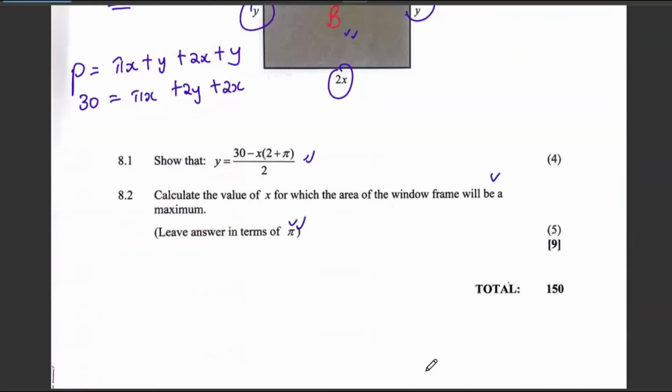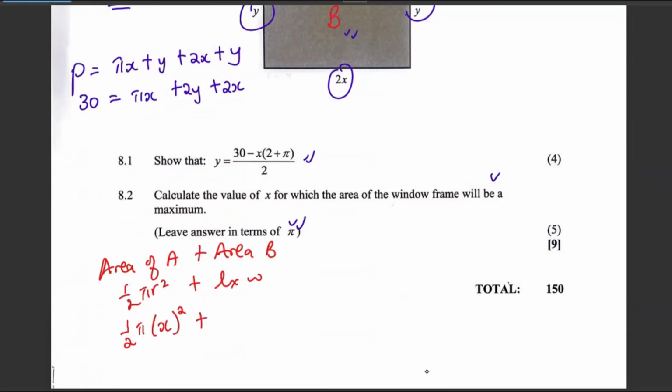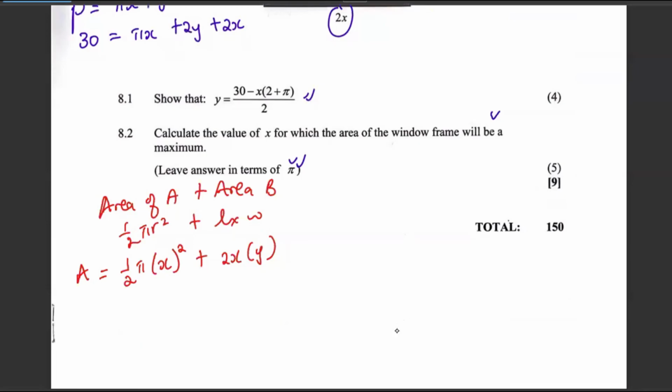So for me to get the area of A, which is a semicircle, plus the area of B, which is a rectangle, that's going to be a half pi radius squared plus length times width. So that's a half pi, our radius was x, plus the length 2x multiplied by y. This is the area.